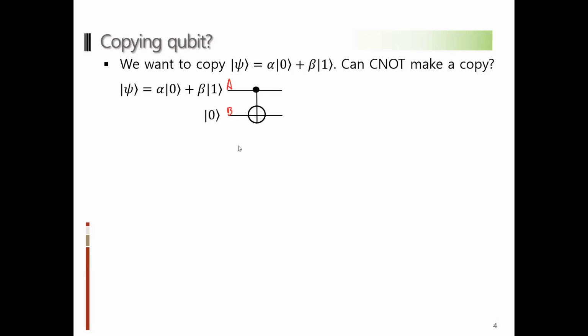Then at this point, the quantum state can be represented by this expression, where psi is this qubit, and the second qubit is in the zero state.